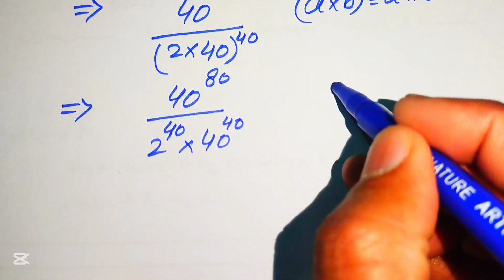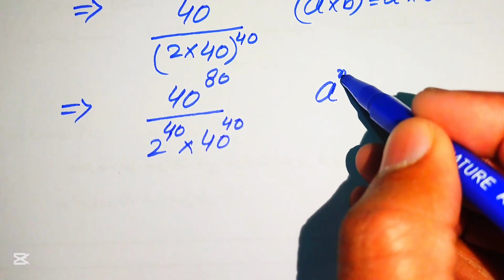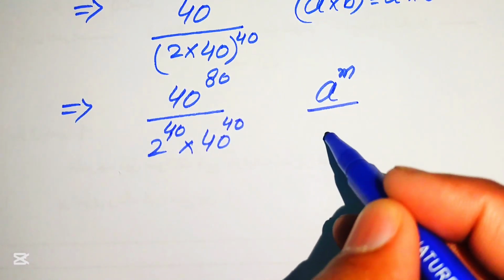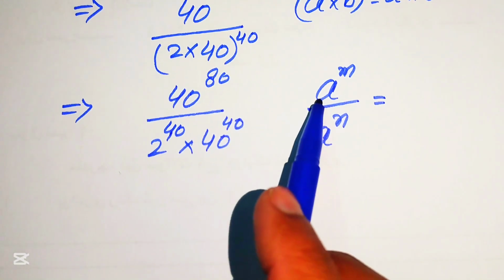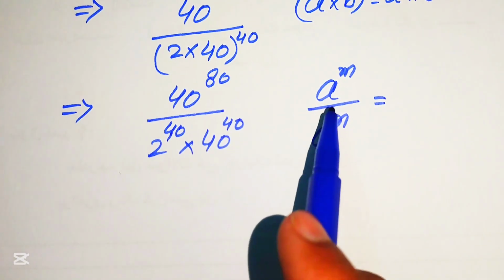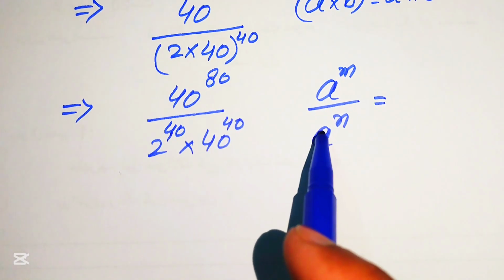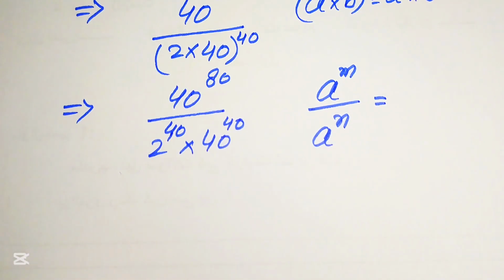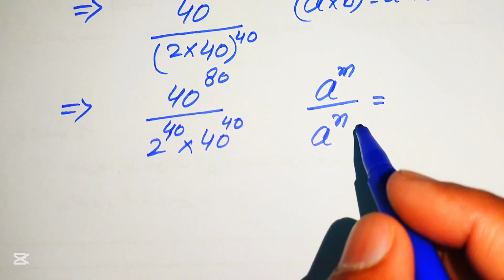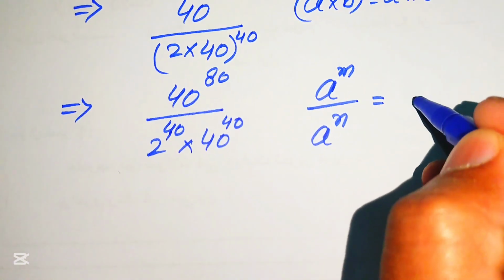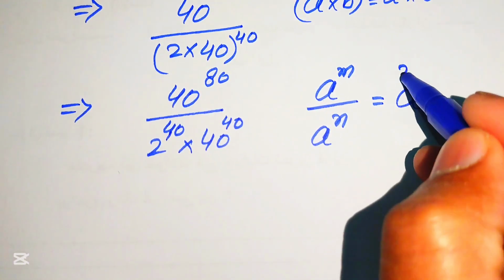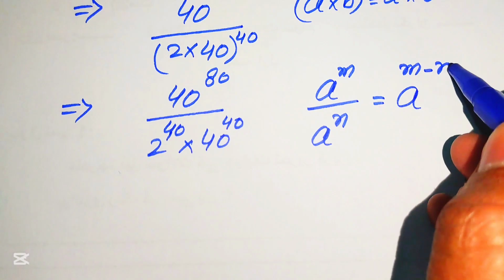If you have a to the power of m divided by a to the power of n, where the bases are the same but the exponents are different, then we subtract the exponent of the denominator from the numerator, and it is written as a to the power of m minus n.